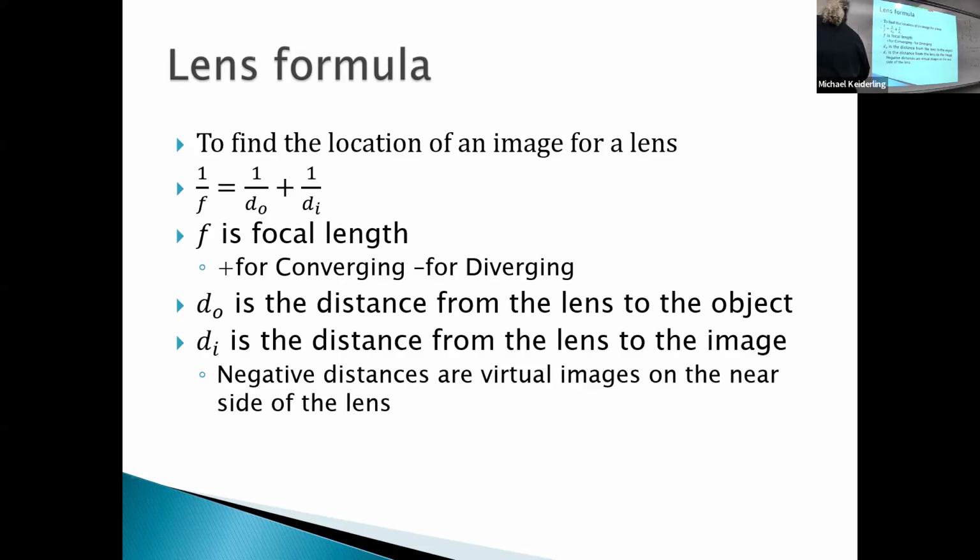Lens plus is real, far side. Lens minus is virtual.